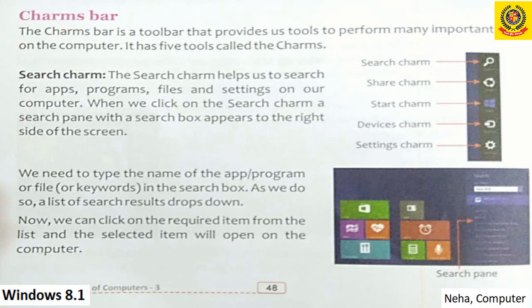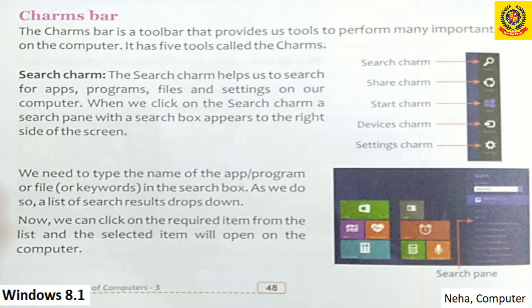Now, first is the search charm. The word search itself tells that we have to search something. So, what is that? We can search applications, programs, files, and settings on our computer. When we click on the search charm, a search pane with a search box appears on the right side of the screen.